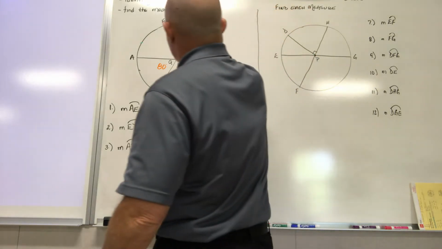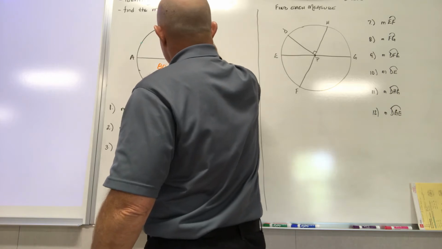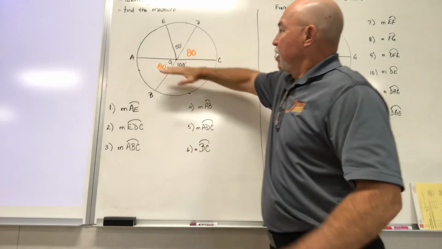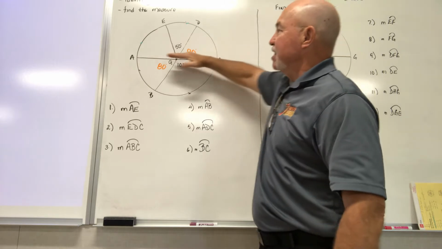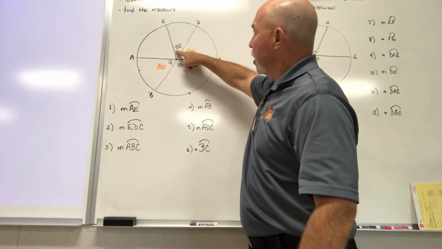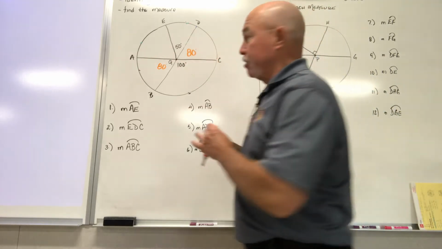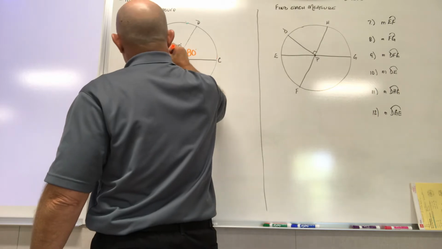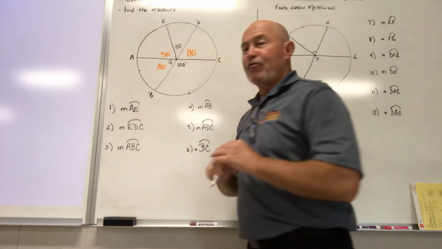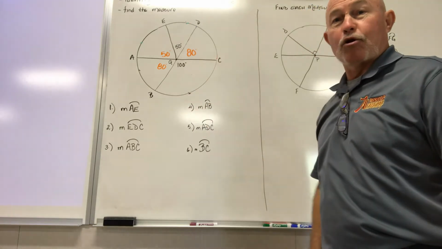We know they are equal. Okay, we also know that this is another diameter. So that's 180. Well, if I've got 130, 180 minus 130 gives me 50 degrees. I have every possible measure I could work with here.